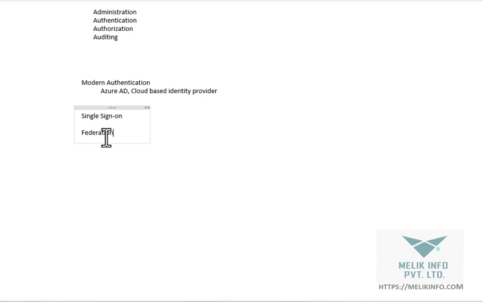And if you go with federation, you don't need to maintain multiple usernames and passwords when you access your resources from one domain to another domain. The same username and password can be used to access the resources.